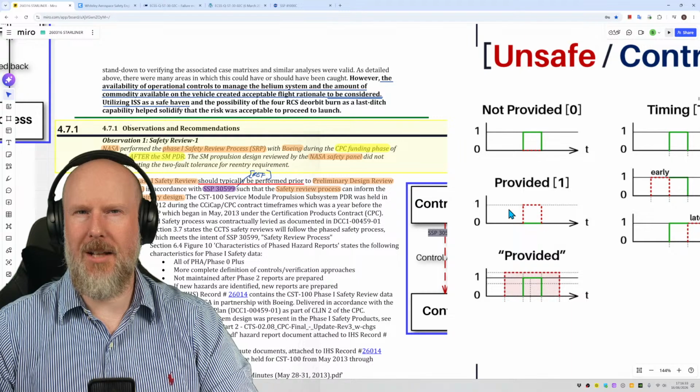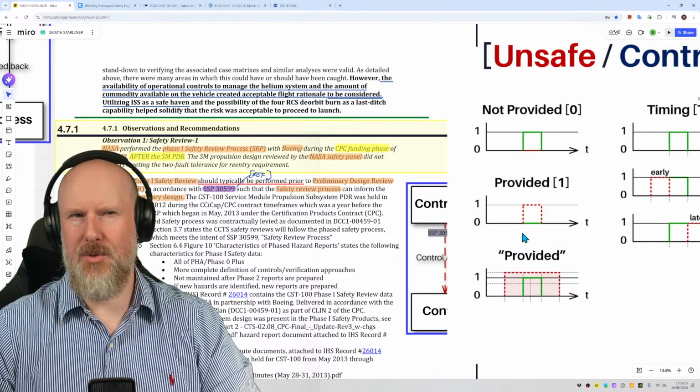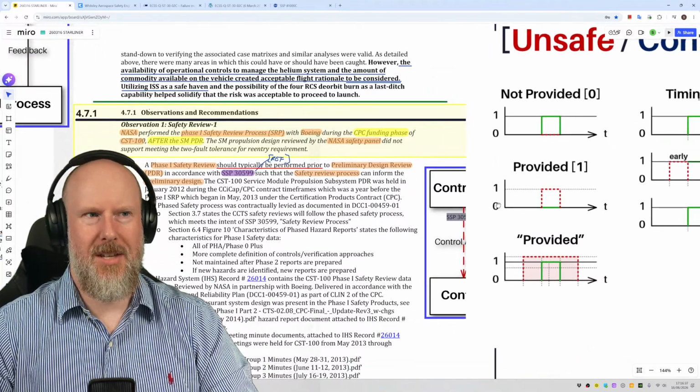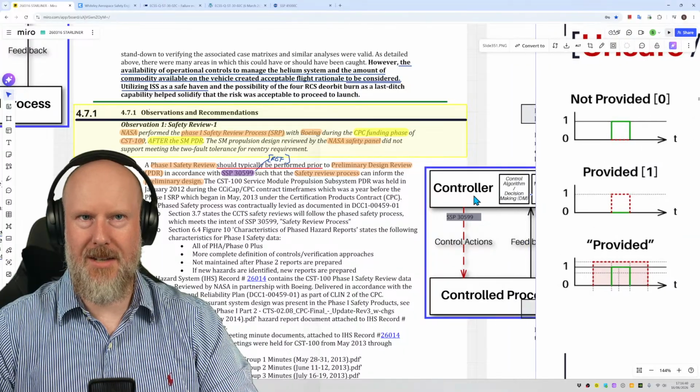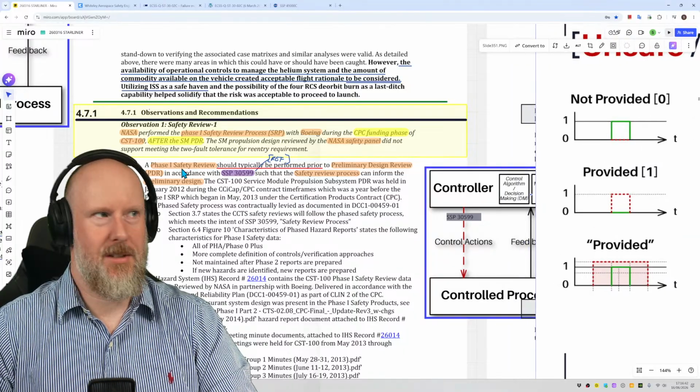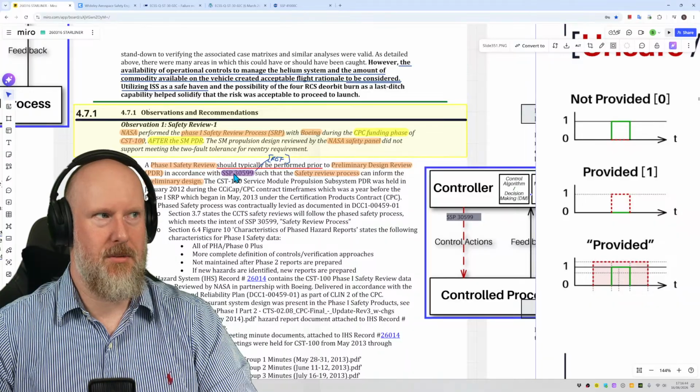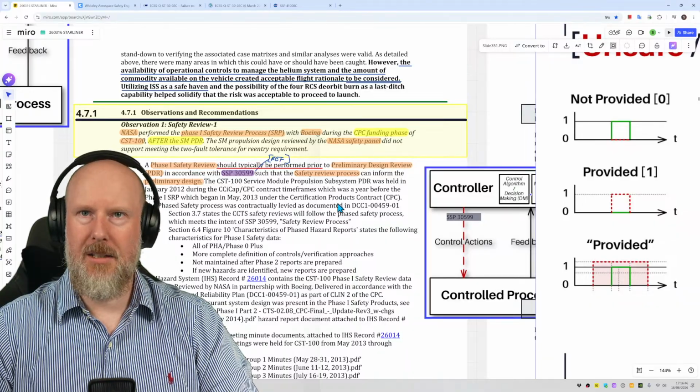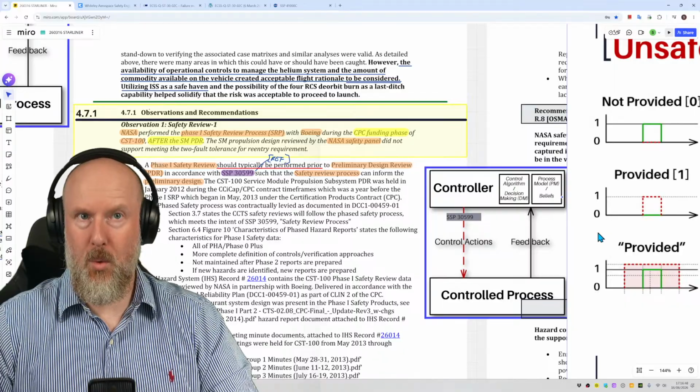Does that sound like a good idea? No, that sounds like a contributory control action to me. So this controller, whatever organization that is, if there is evidence that they are not doing the phase 1 safety review before the PDR, then that should be an immediate warning to the program.